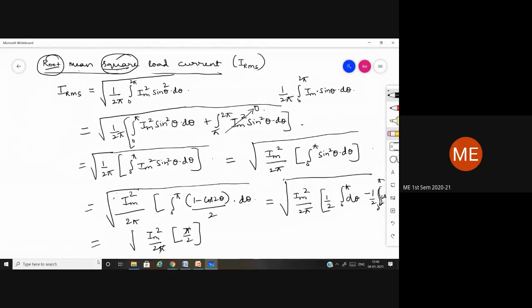So pi gets cancelled and we will have Im by 2. This implies IRMS is equal to Im by 2. This is the formula for IRMS.